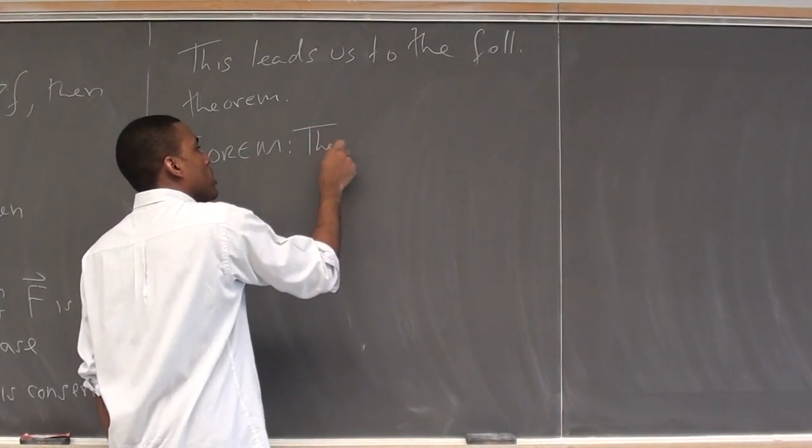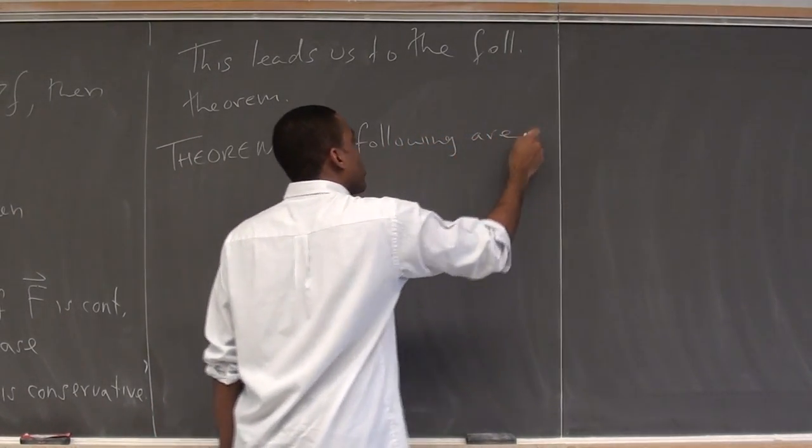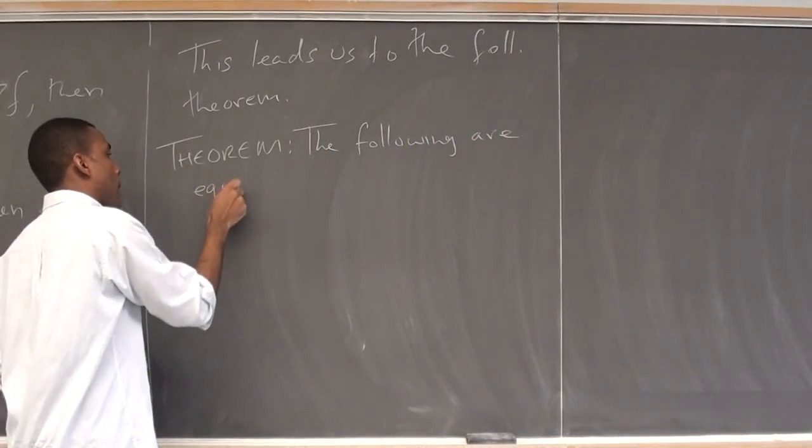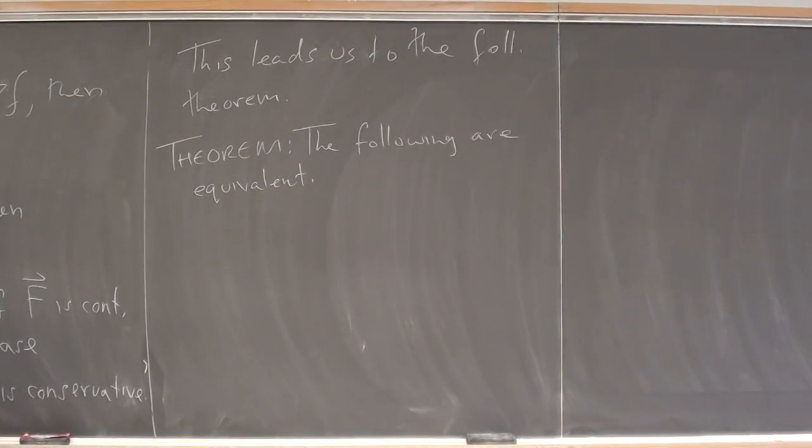So here's a theorem that says the following are equivalent. Equivalent means they'll all happen at the same time, or none of them will happen.